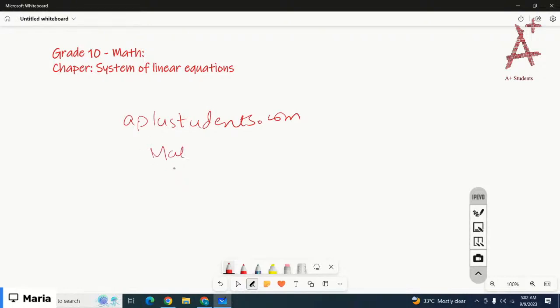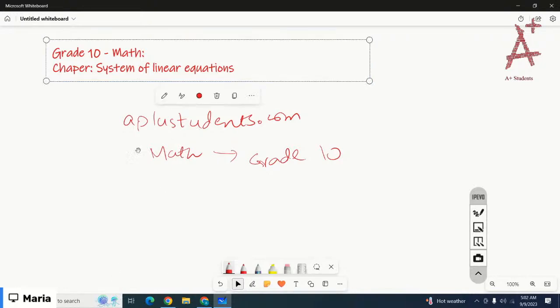Then select math from the subject tab, scroll down to grade 10, and click on view all lessons. There you can find a list of the chapters. We're going to start with the chapter System of Linear Equations.